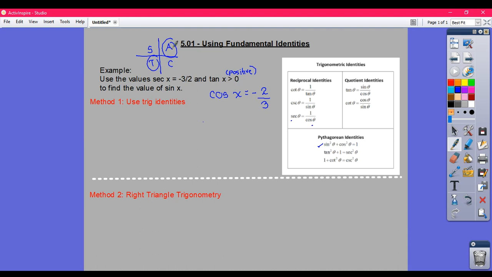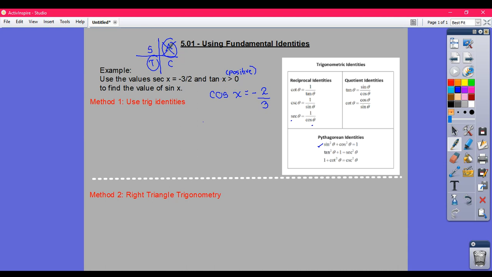So I know that tangent is greater than 0, and I'm either in quadrant 1 or 3. Out of these two quadrants, where is secant or cosine, because they share the same sign, negative? It can't be quadrant 1 because cosine can't be negative in quadrant 1. All is positive in quadrant 1. So the quadrant where tangent is positive and cosine is negative is quadrant 3.